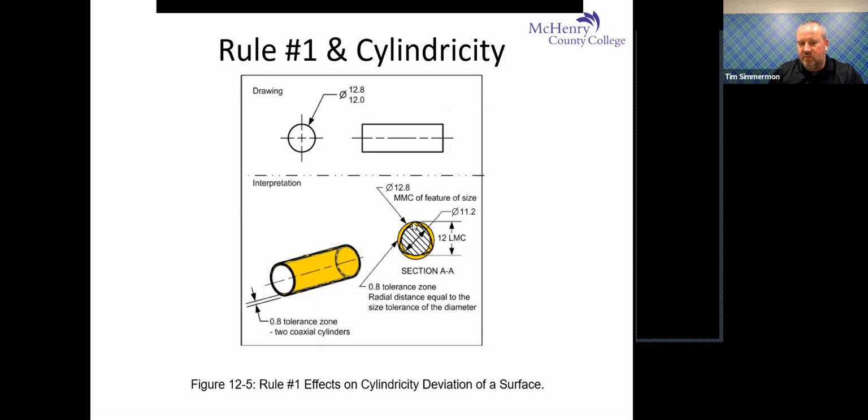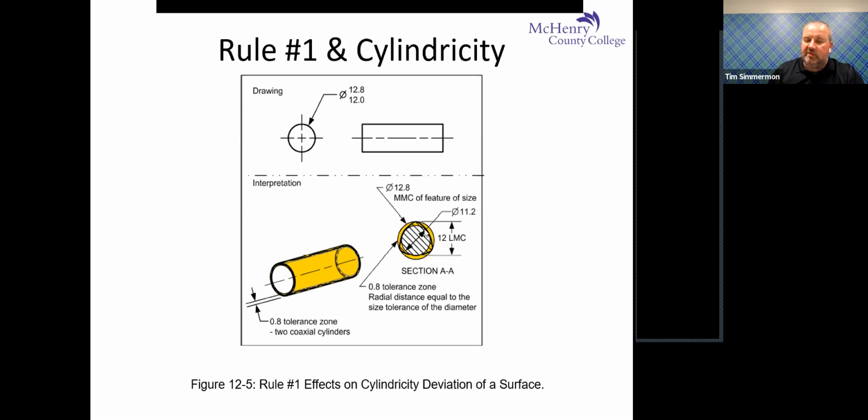But taking a look at what this part could look like and still be considered good is this triangle shaped part in there. So they're showing that this 12.8 circle on the outside is the maximum material condition of this dimension right here. And the 12 millimeter is the least material condition. Sorry, where they show that? Oh, it just shows up funky on here too.